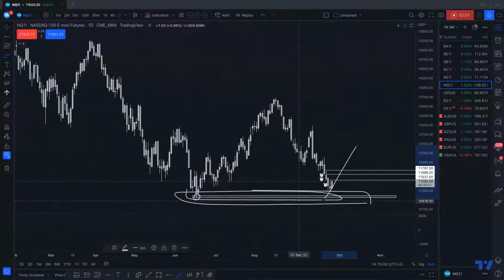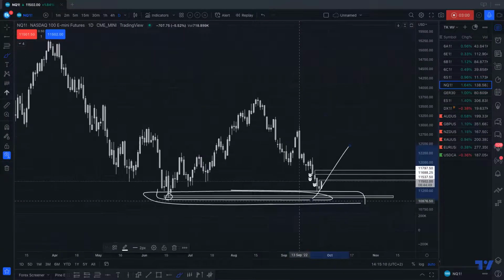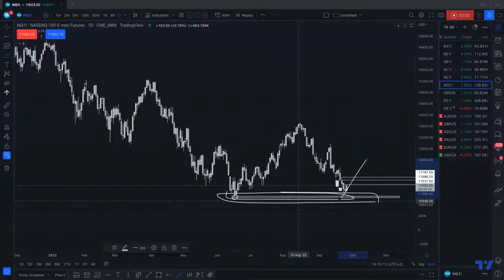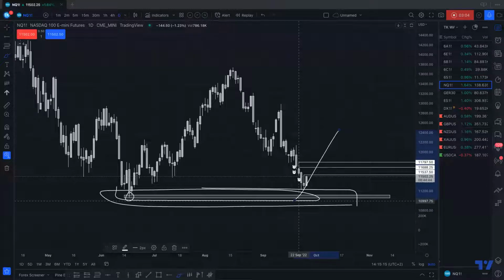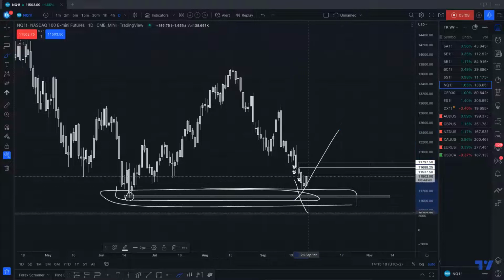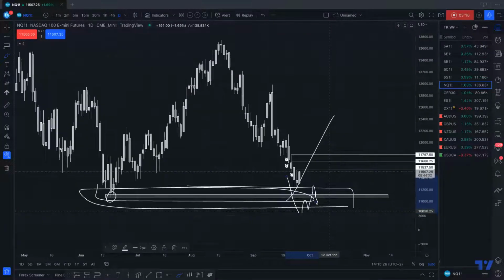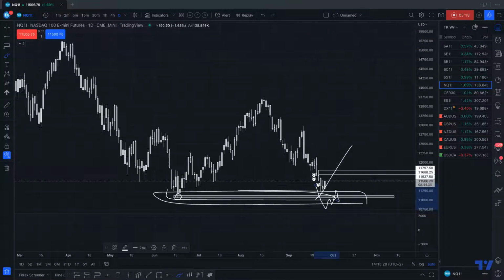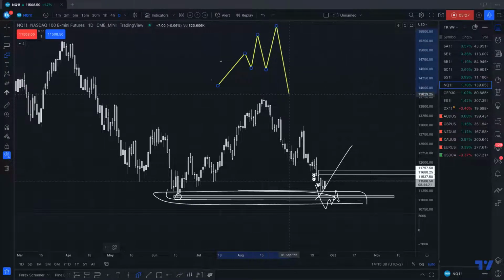To be honest, what I try to do is wait for a clear change of structure, change of character, as you want to call it. But anyway, in the highest time frame, what I want to see is a clear movement and a liquidity grab.